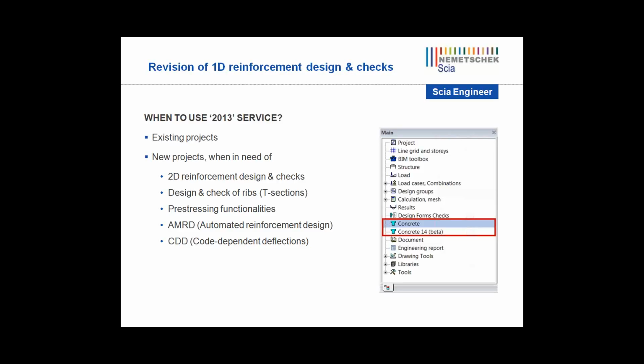Well, for existing projects, for example, or if you are starting a new project, then for the things that are connected to the 2D reinforcement, ribs, pre-stress, automatic reinforcement design, or code-dependent deflections. Those things are still in the old concrete menu and are still in ongoing development.